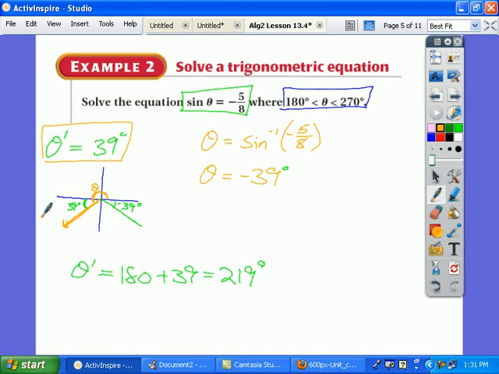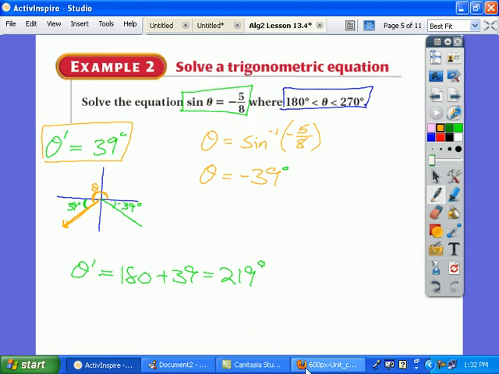Now let me show that this actually works. I'm going to pull up my calculator. I'm looking for some angle measure theta that, when I take sine of it, equals negative 5/8. Negative 5/8 is negative 0.625.